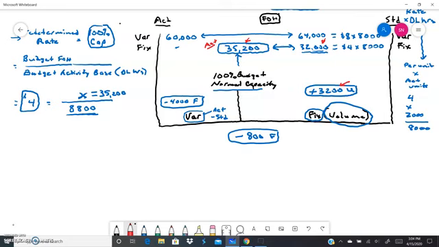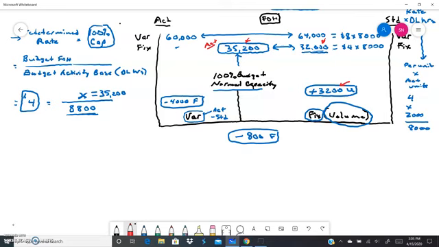If that $35,200 were spread over 35,200 units, the cost would be $1 per unit. So clearly, the more units that are produced, the cheaper the units are going to be. And that's what we're trying to determine: did we produce more or less than what we budgeted? And if so, did that result in a favorable or unfavorable variance?